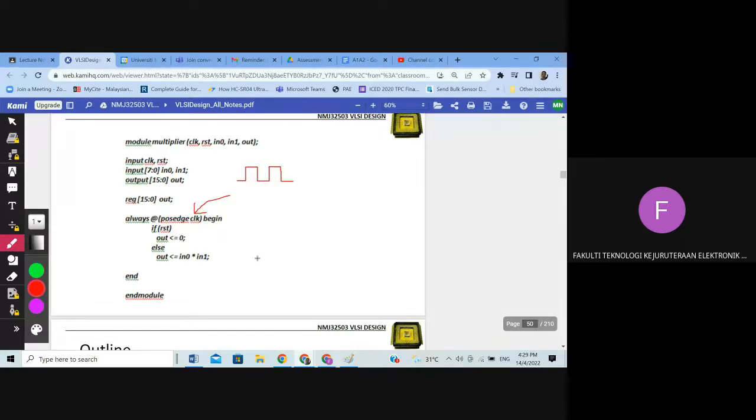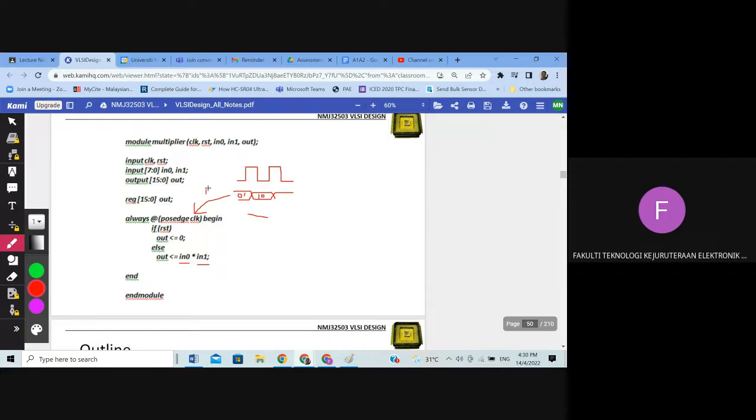The clock is used to synchronize the operation of the data. For example, in this case, we have input 0 and input 1. Let's say input 0 has the data 0, 1, and this is 1, 0, for example.